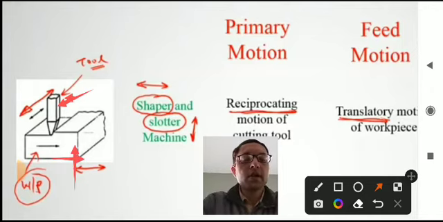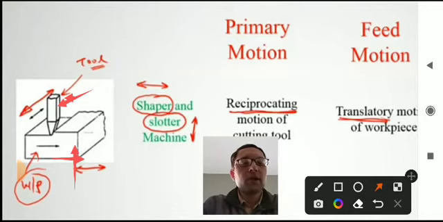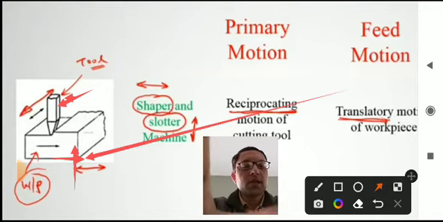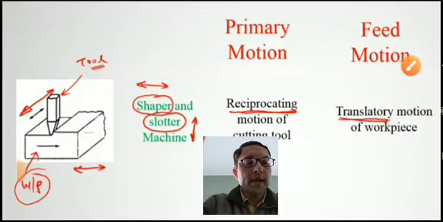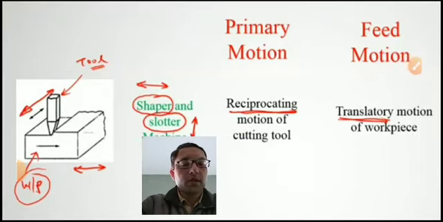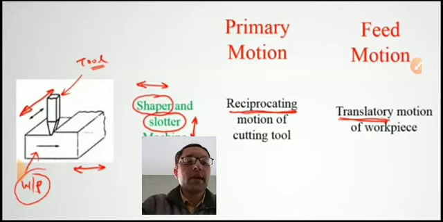So it will be considered as a feed motion. The primary motion comes from the reciprocating motion of the cutting tool, and the feed motion comes from the translatory motion of the workpiece. That is the category of the primary motion and feed motion.